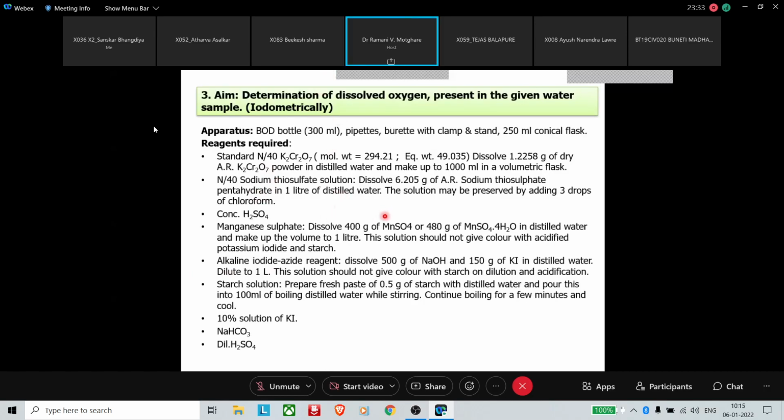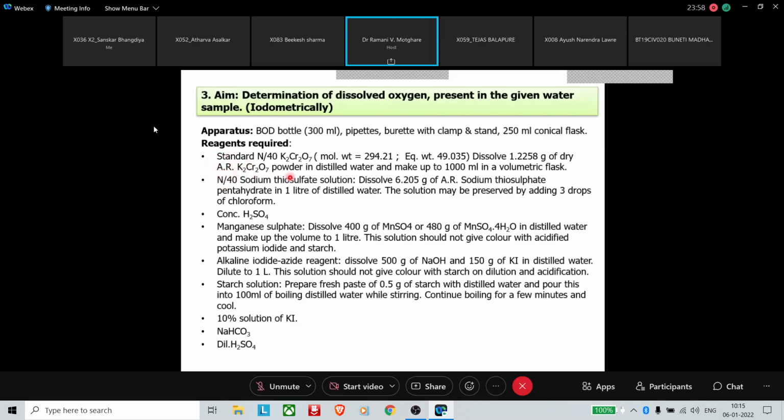Synthesis grade chemicals will be somewhat 96 or 98% pure. But when you say analytical grade, it will fall in nines, that is 99.9% or 99.99%. So the purity of a compound is more if you are talking of analytical grade.